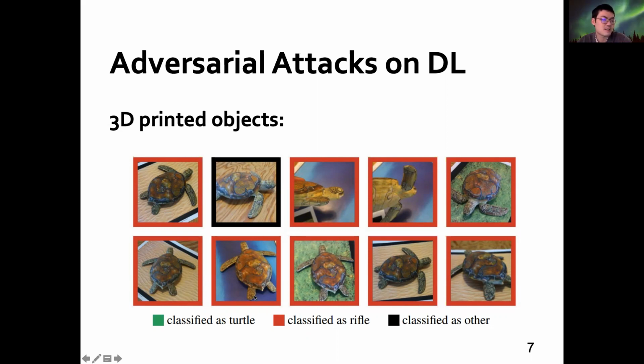It will detect it as something else. Like here, the red class is turtle, the green class is correct. There are no correct predictions here, and most of them are classified as a rifle somehow. Maybe because of the color, it's a little bit red. There are also sometimes other classes detected, but never a turtle. Even if you print it out and change some of the color, things will go wrong.